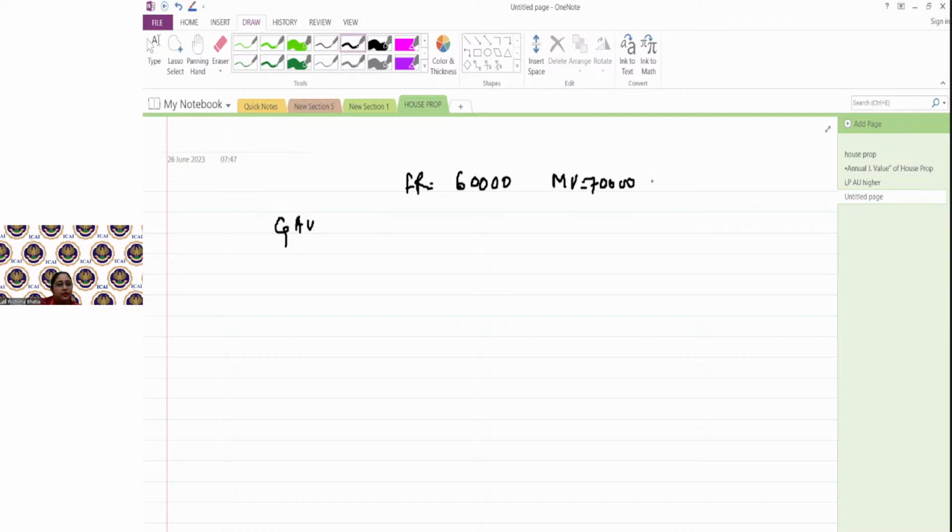Okay. And these are all per month figures. Standard rent is 55,000. Actual rent is 65,000.